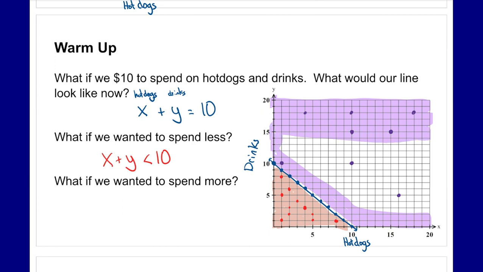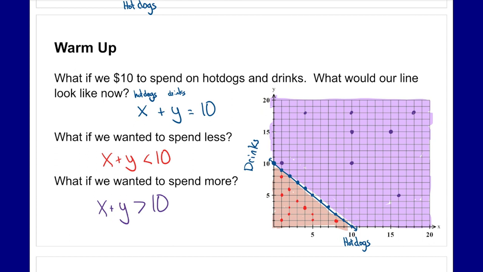So if we think about how we can represent that as an equation, similar to the last one, because it was x plus y is less than 10, then in this case, x plus y is greater than 10, because all these values added together will work out to greater than 10.